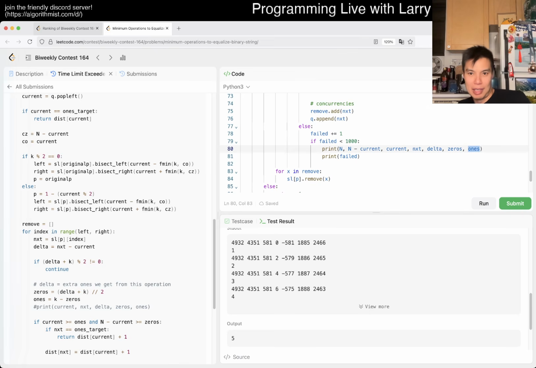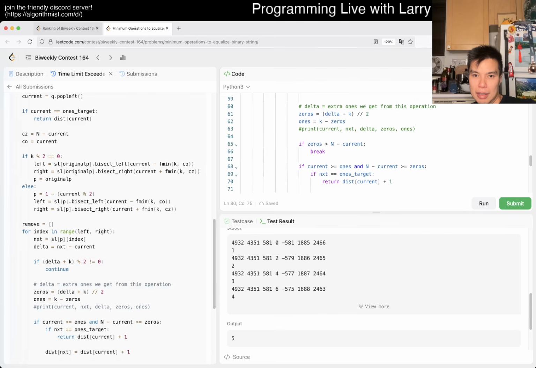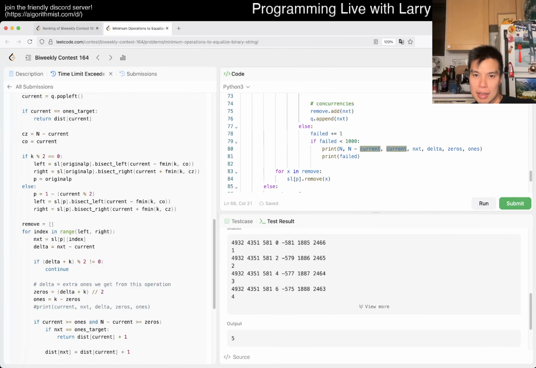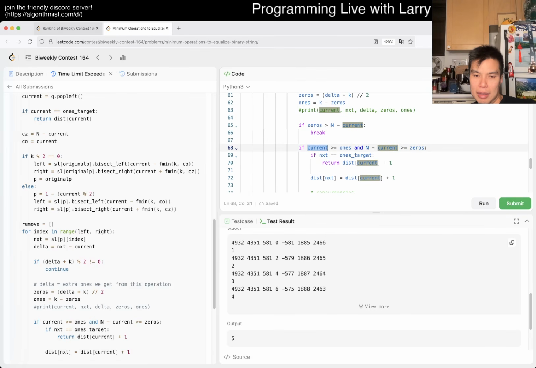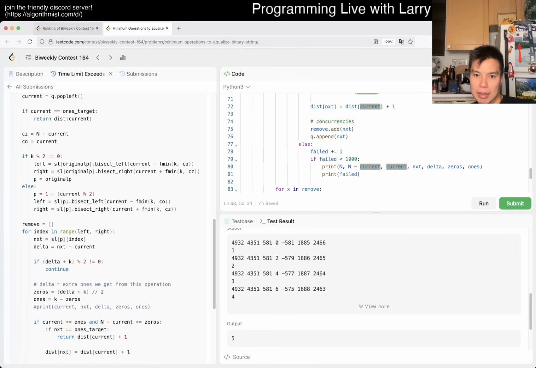So what is the maximum delta here? Okay, so you have all them. How do... So, okay. We have enough zeros. We don't have enough ones. How does this work?